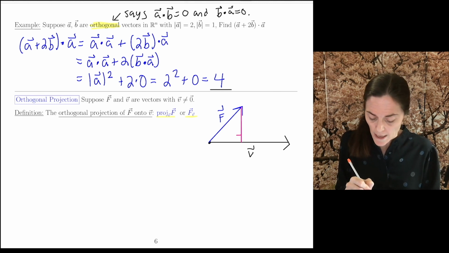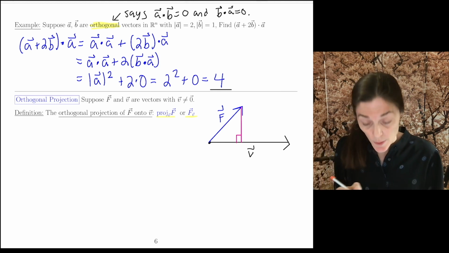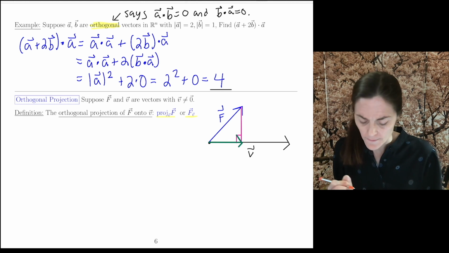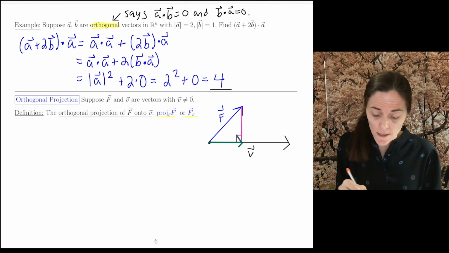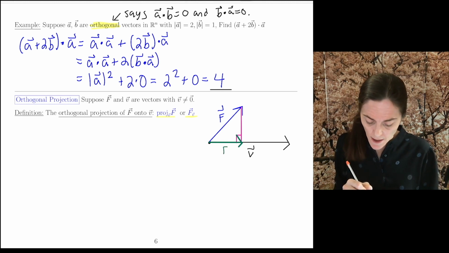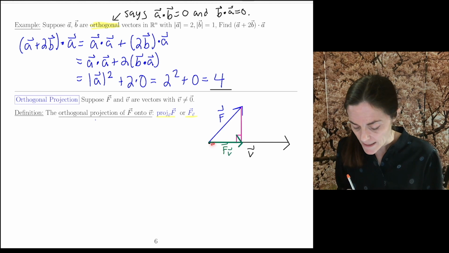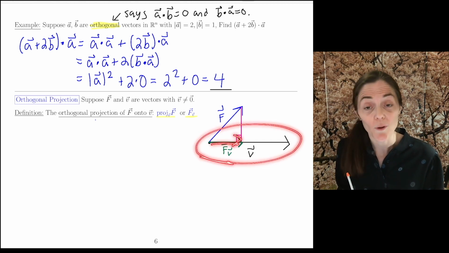This will make a right angle, and then the projection will be here. So this is this f sub v, okay? Well, we see here that f sub v is a multiple of v.